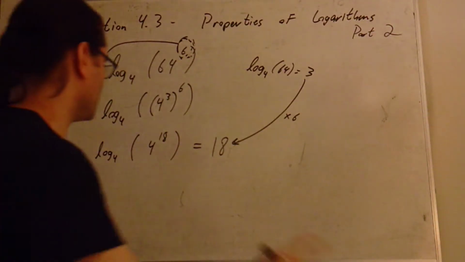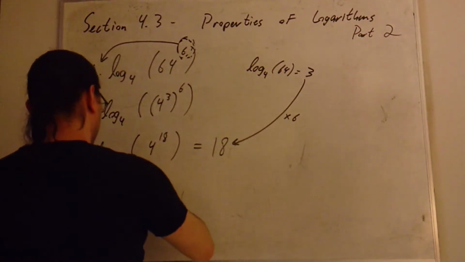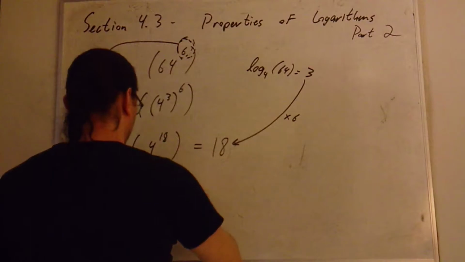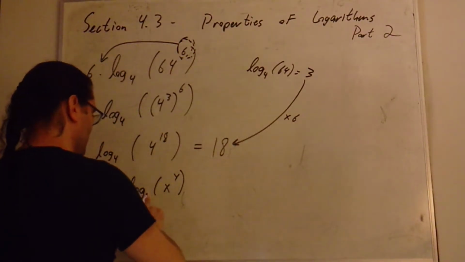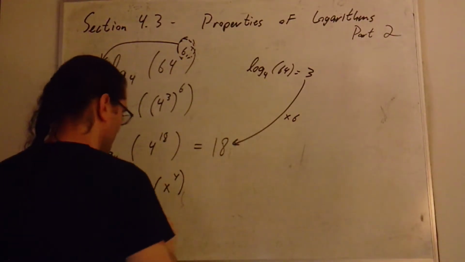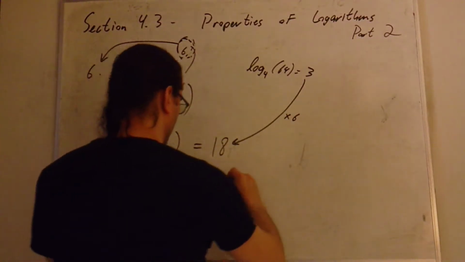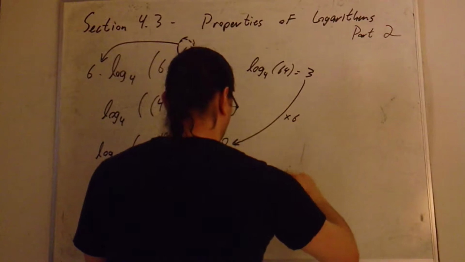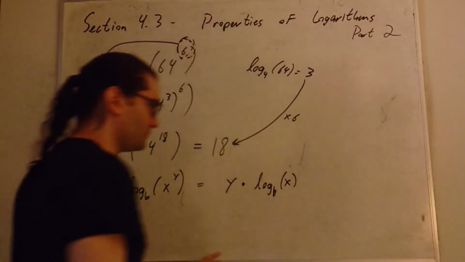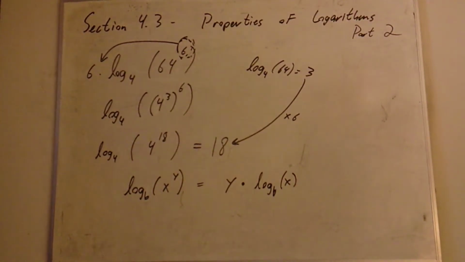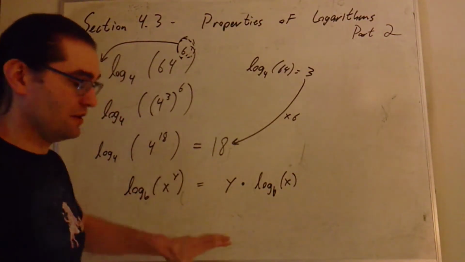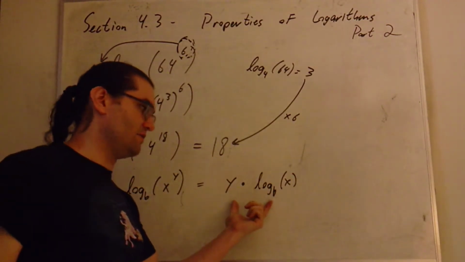So here's what this one looks like symbolically. The log base 4 of x to the y, or no, let's call this b. Log base b of x to the y equals y times log base b of x. Again, with the other properties on the back end, you had two logs.